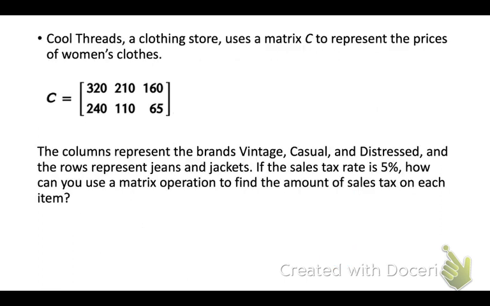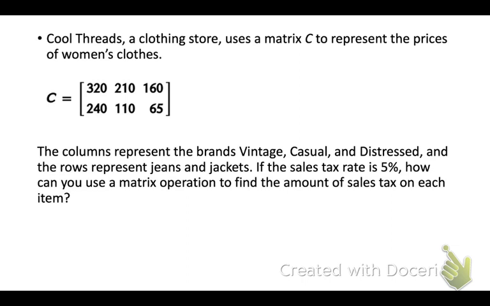Okay, so a way we can do matrices is using word problems, your favorite thing in the world to do. And just look how this is made up. It says, Cool Threads, a clothing company, uses a matrix C to represent the price of women's clothing. So I have matrix C, probably for cost, maybe.